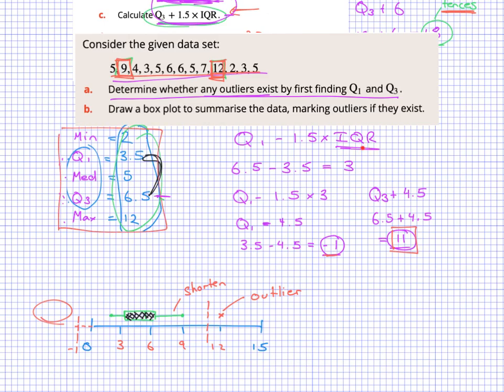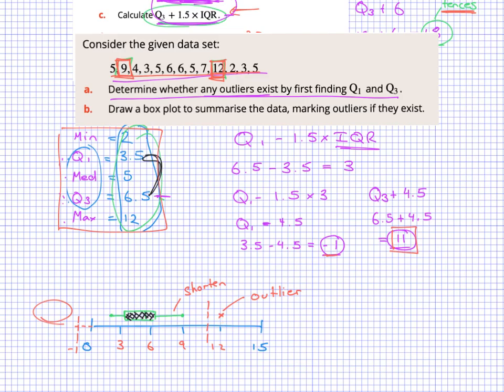Then you want to find your IQR, multiply it by 1.5, and use the 2 formulas of Q1 minus 1.5 times the IQR to find your lower fence, Q3 plus 1.5 times the IQR to find your upper fence. Then shorten your whisker to the next smallest piece of data inside and show your outlier as a cross.